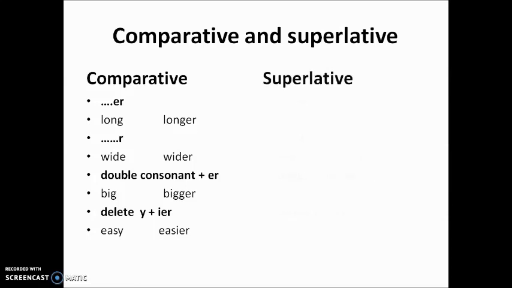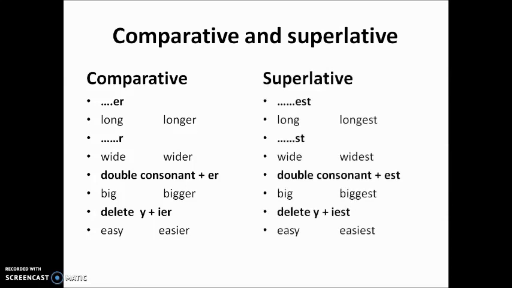Also, the superlative, we form it by adding est. For example, long becomes longest. And for adjectives that end in e, we add st only. For example, wide, widest. And for adjectives that have one vowel followed by one consonant, we double the last consonant.